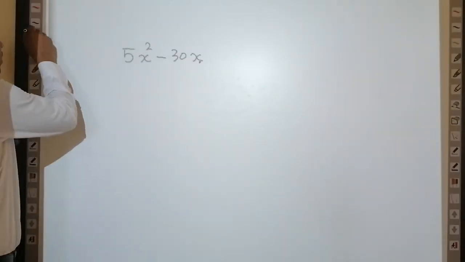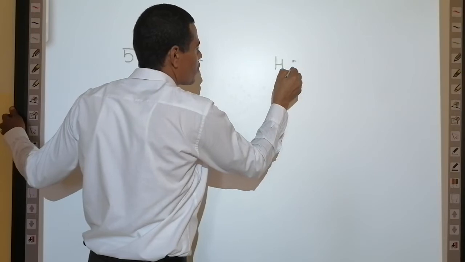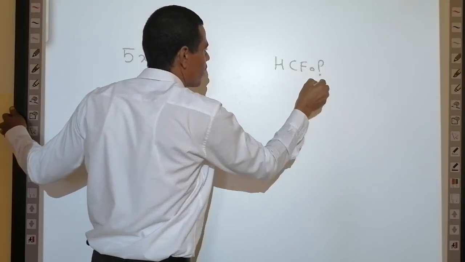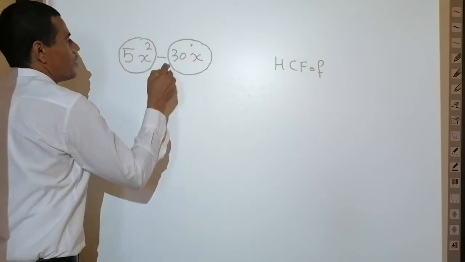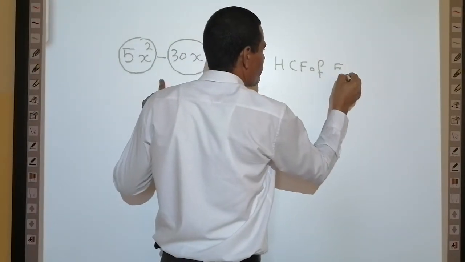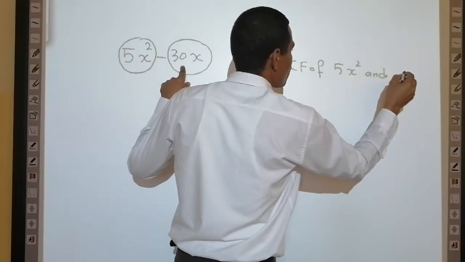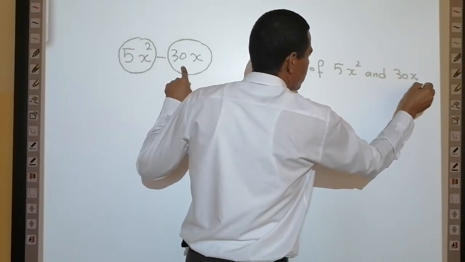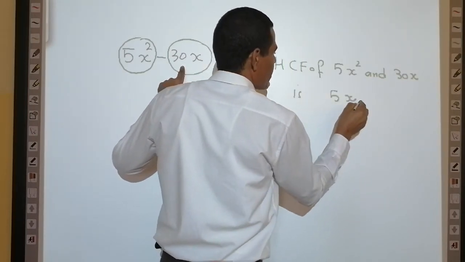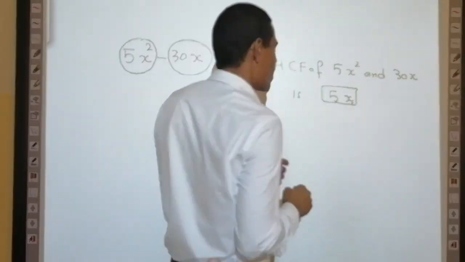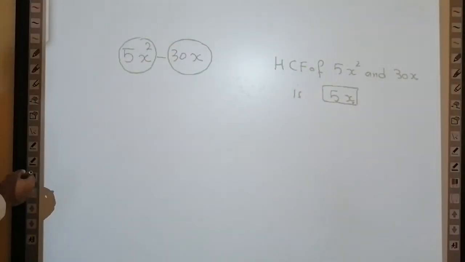So, here my learners, what is the highest common factor of this term and this term, of 5x squared and 30x? It is 5x. Means that 5x is a common factor in fact, but it's called the highest common factor.